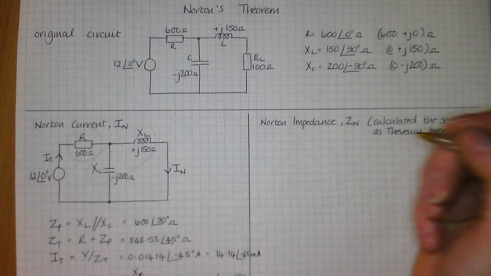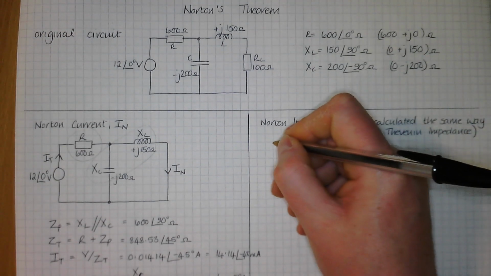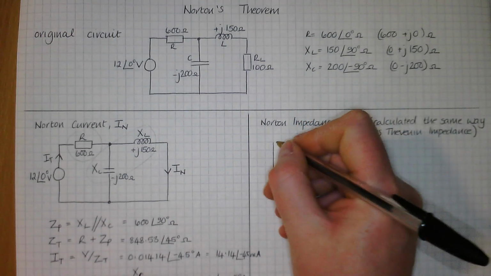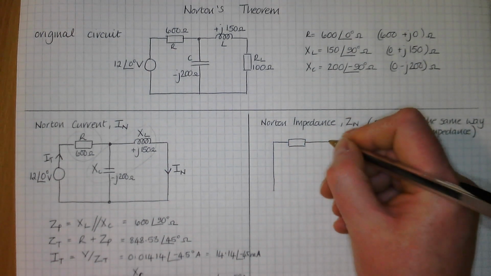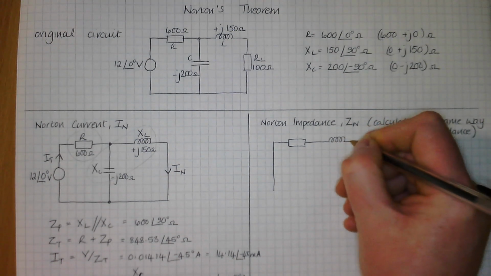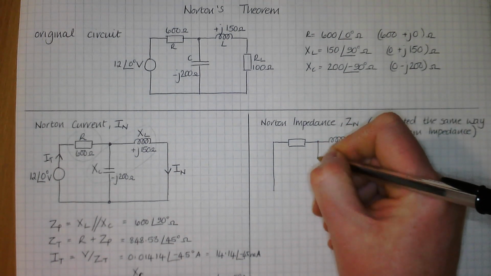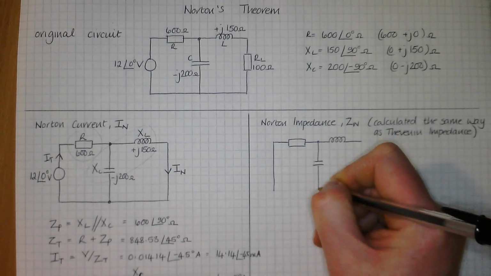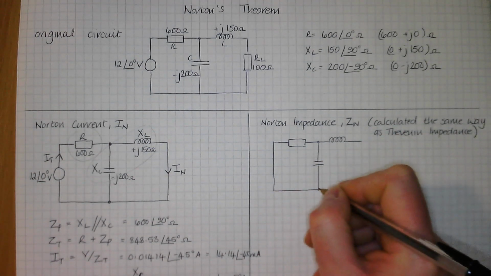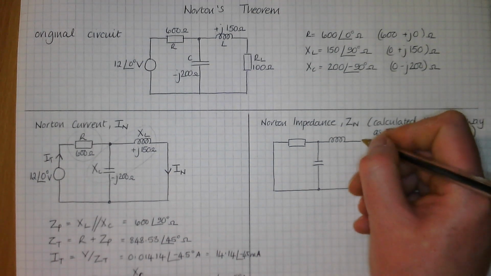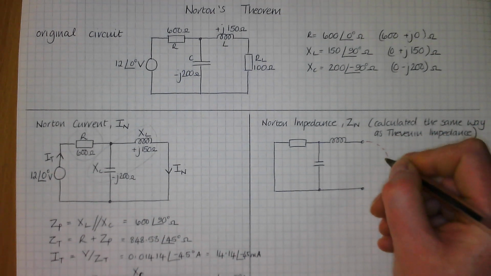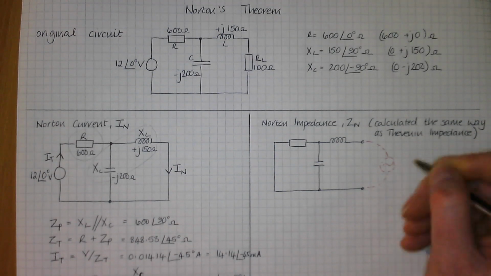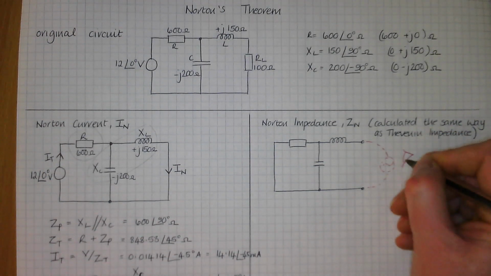So when you work out your Norton impedance, short out the supply, resistor's the same, inductor's the same, capacitor's the same, and you essentially pretend that the supply is over here. So it's always described as if you're looking in from that side.